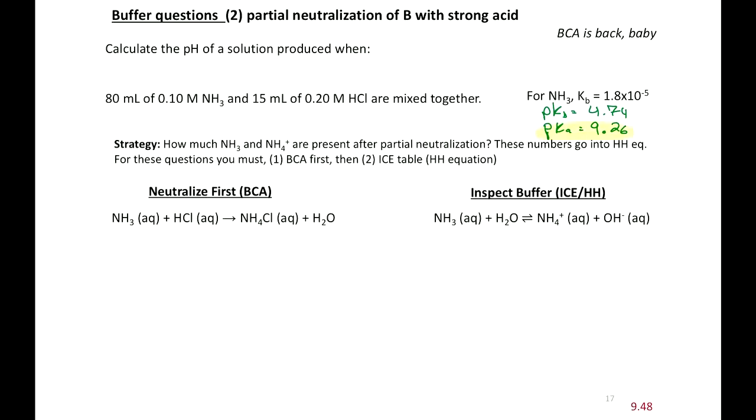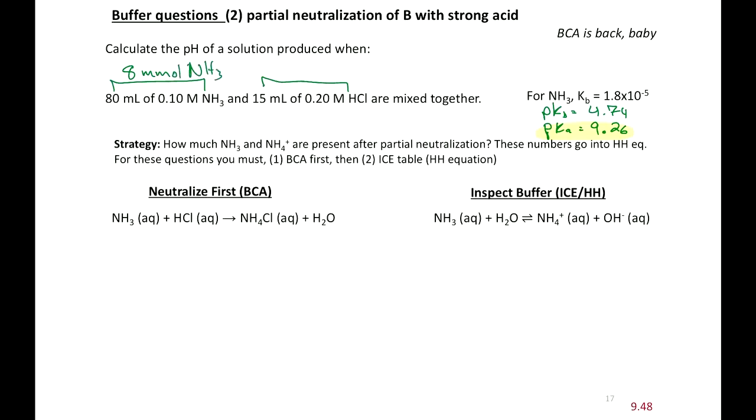All right. So the strategy here is recognize you're adding a weak base and a strong acid and partially neutralizing it. So let's get those millimole amounts. Oh, look, they're the same numbers. 8 millimoles of ammonia, so that's the base, NH3.